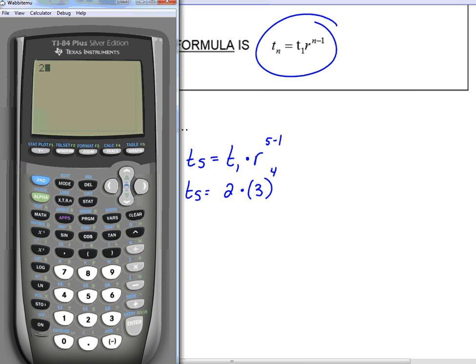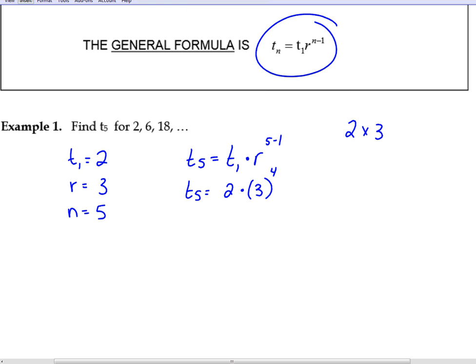Most of you have one that probably looks like on the screen or newer. If you have an older version, when you do the exponent, it gives you the hat and brackets, right? It looks like 2 times 3 hat bracket. Is that right? Does it give you a bracket? Yeah, okay, good. So you would have to go 5 minus 1 in brackets for it to do it properly.